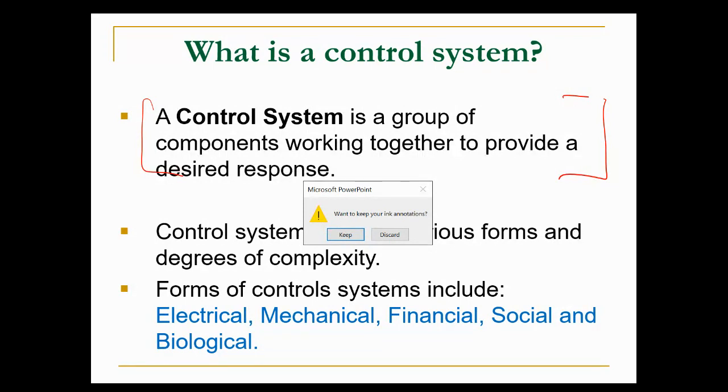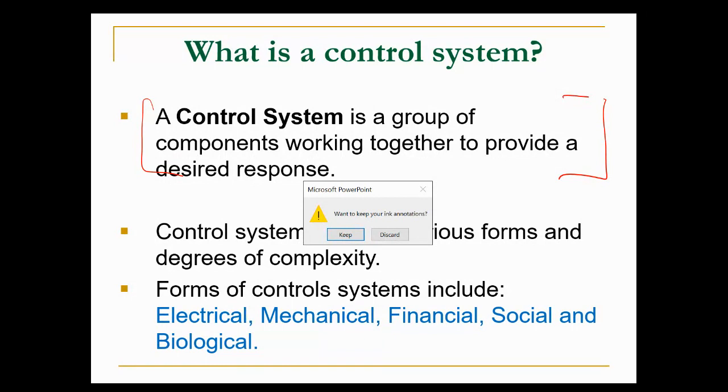All right, so let me share with you what I would love for you to take from this. You could go ahead and mute your mics. When we speak about a control system, we're talking about the desire for a certain result. So regardless of the nature of the control system, where you find it, it is always going to be the same. There's a desired response.